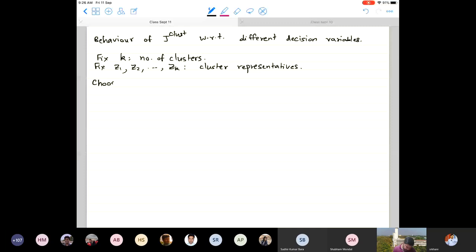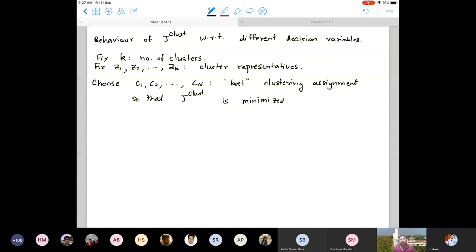Now we want to choose C1, C2 up to Cn, the best clustering assignment, so that J cluster is minimized.